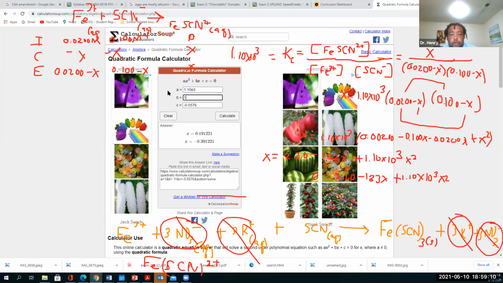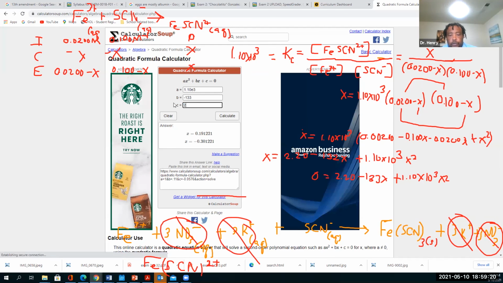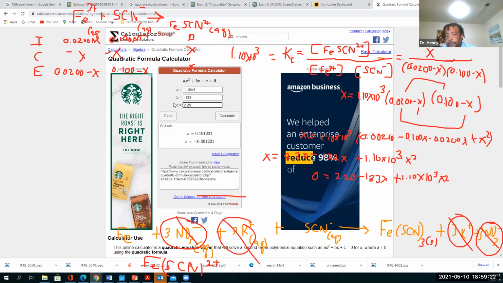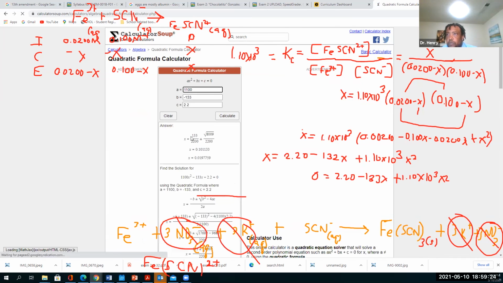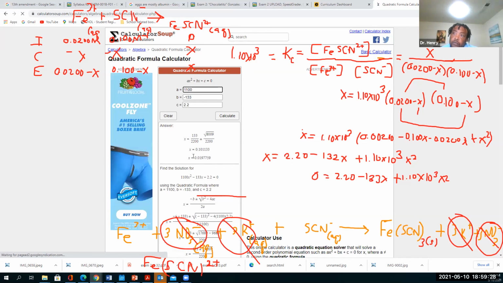And then we have negative 133 for our B. And then for our C, it's going to be 2.20. Okay, so we have two values.